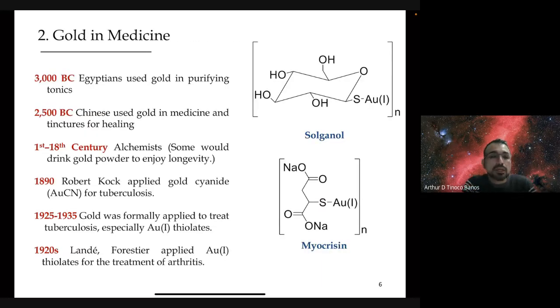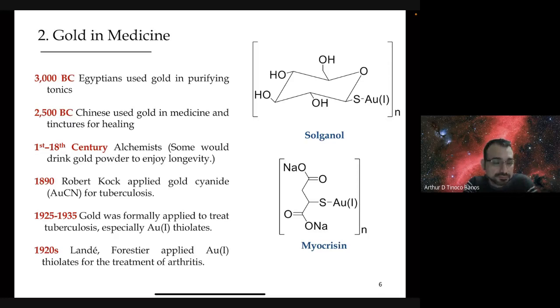All right, so historically, the therapeutic application of gold actually dates back to 3000 BC, where Egyptians used gold in purifying tonics. In 2500 BC, the Chinese used gold in medicine and tinctures for healing. It wasn't that they truly knew what the gold was doing, but there was an understanding that the metal was having some sort of effect.